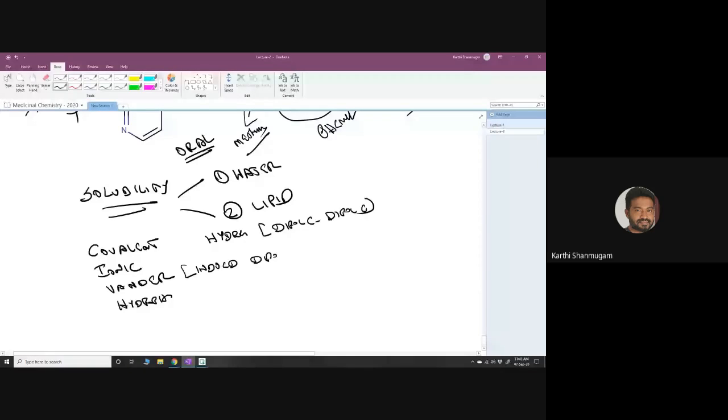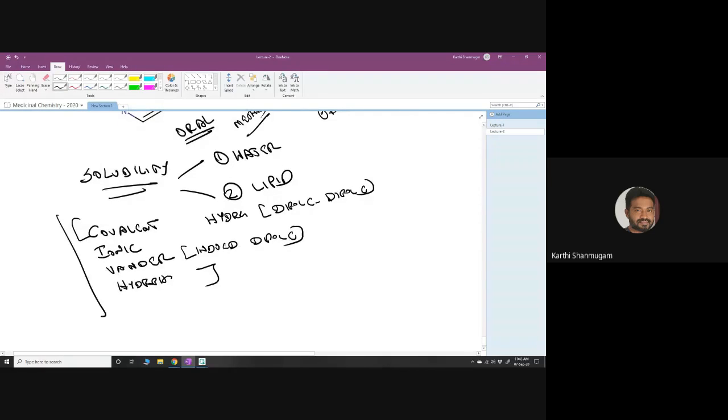Okay, so these are some examples of the commonly occurring chemical bonding between the drug molecule and the drug target. Now we'll see how important these interactions are for the water solubility and lipid solubility of the drug molecule, and which interactions favor water solubility and which favor lipid solubility.